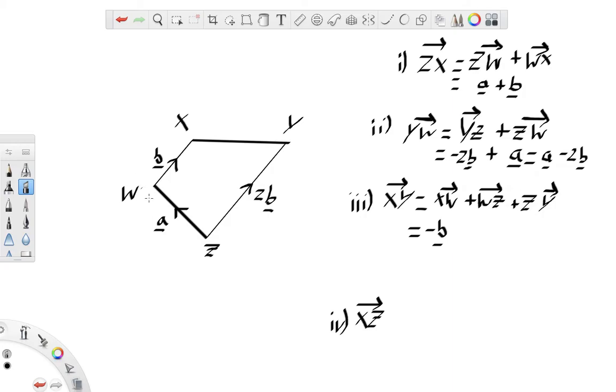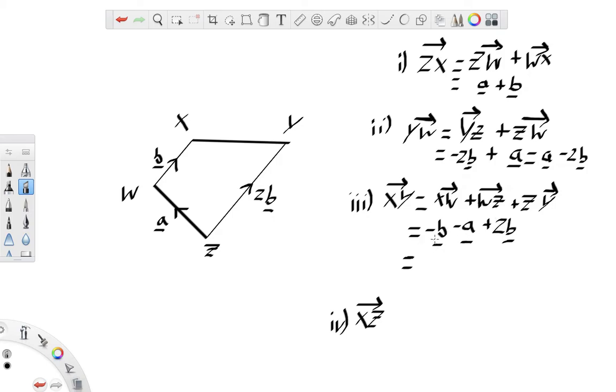Then w to z, well again, that's going to be a minus, so it will be minus a. And then z to y, well that's positive 2b. So then we can add our vectors for b together, or in this case take away, and then we've got nothing else for a.